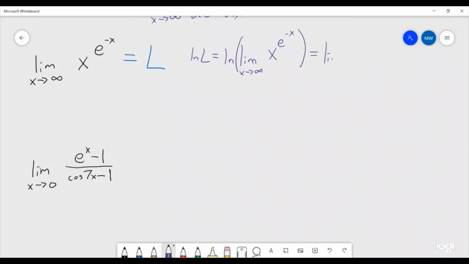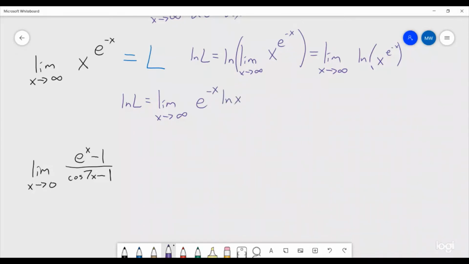This is equal to the limit as x goes to infinity of the natural log of x to the e to the negative x. So we then have natural log of L is equal to, using exponent rules with natural logs, we can move the e to the negative x out front. So this is equal to the limit as x goes to infinity of e to the negative x times natural log of x.